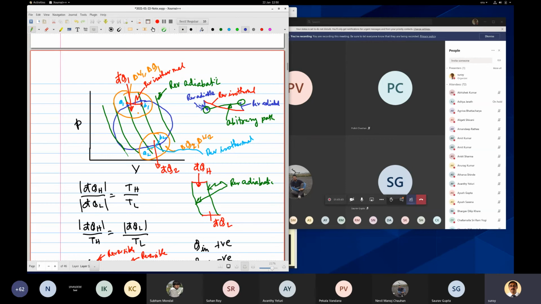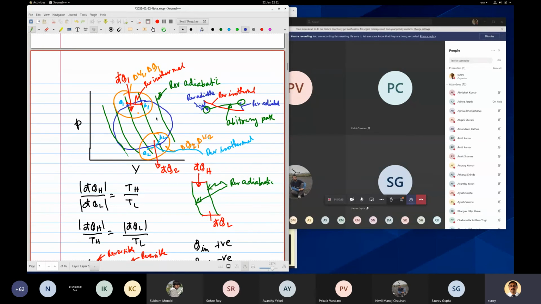This reversible isothermal is for high temperature heat transfer, and this one is for low temperature heat transfer. So this is isothermal heat transfer, dQH. This dQ1 is like dQH, high temperature, and dQ2 is dQL. So this has become like a Carnot cycle.